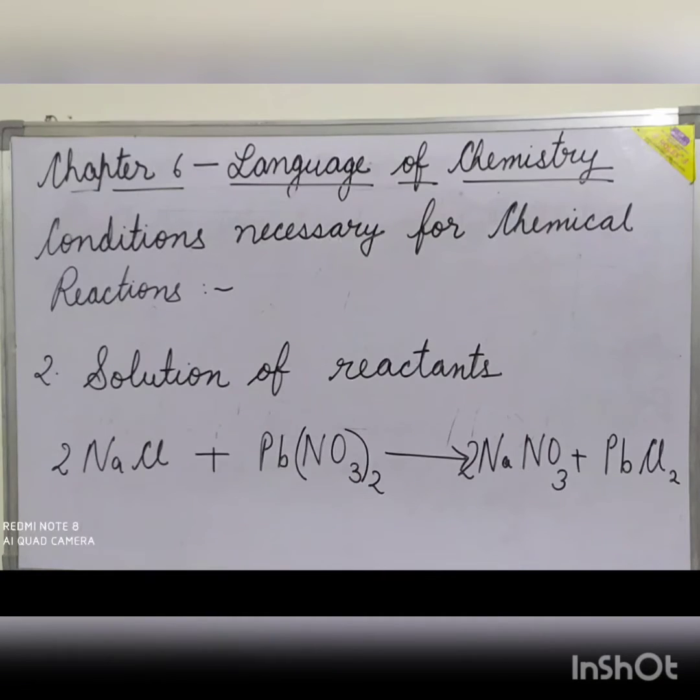The second condition necessary for chemical reactions is the solution of the reactants. Some of the chemical reactions proceed only when the reactants are in the solution form. For example, when solid sodium chloride and solid lead nitrate are mixed, no change is observed.